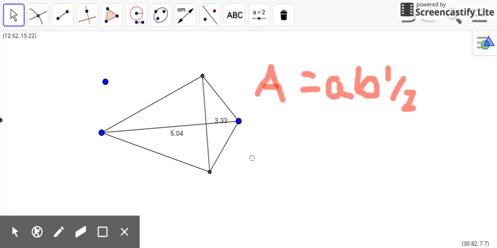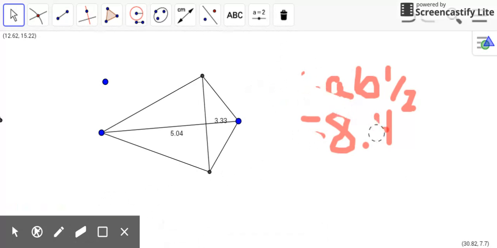These are the diagonals, 3.33 and 5.04. You'd multiply that by 1/2, and that would give you 8.4. And that is how you find the area of a kite.